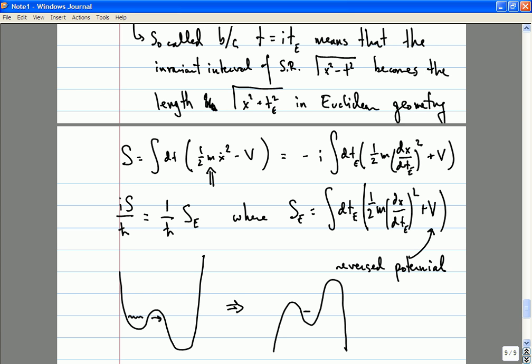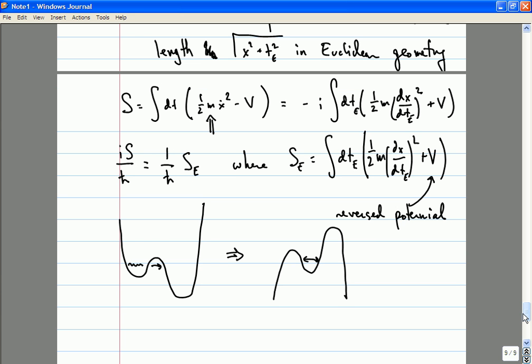So now, because the potential has been turned upside down, a path that was forbidden is now allowed, and the paths that were allowed are now forbidden by classical mechanics. And indeed, we can now use this to check that this reproduces precisely the tunneling probability that I derived for you using the WKB approximation.